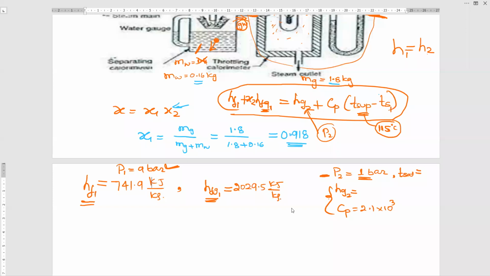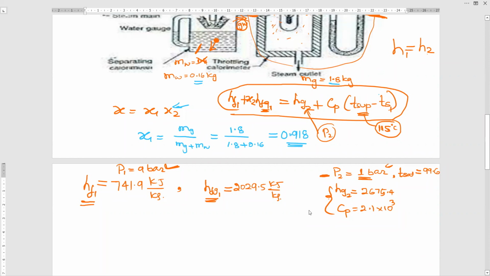Very good. Similarly, Hg2 at 1 bar: 2675.4. At the same 1 bar pressure, tell me the saturation point: 99.63 degrees Celsius. Very good.